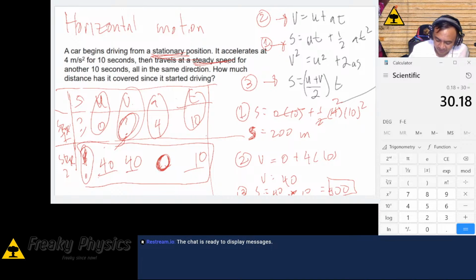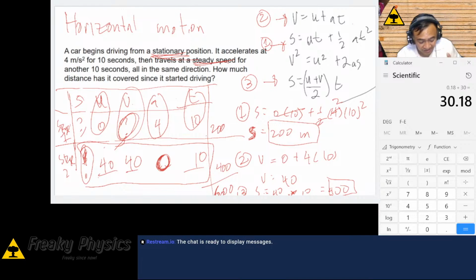So the final answer is you put those two answers together. This is 200 meters, we have 400 here. Total distance is 600. So again, it's not really different from what you've learned before, but it arranges everything so you see which ones you're looking for.